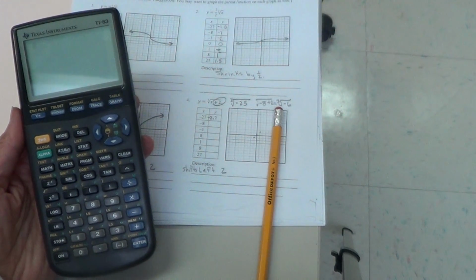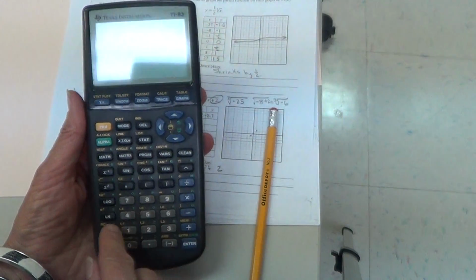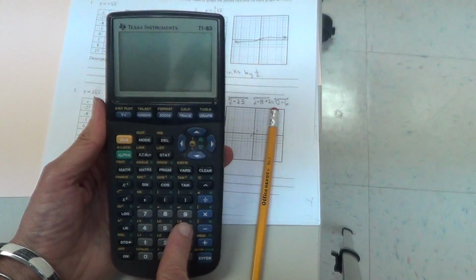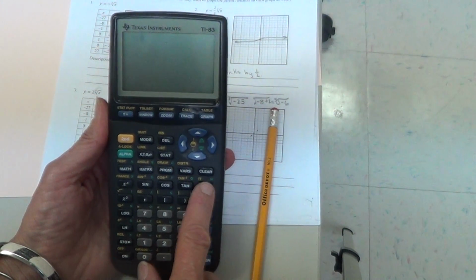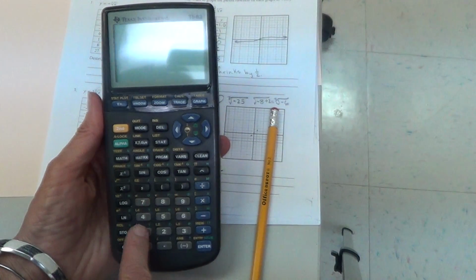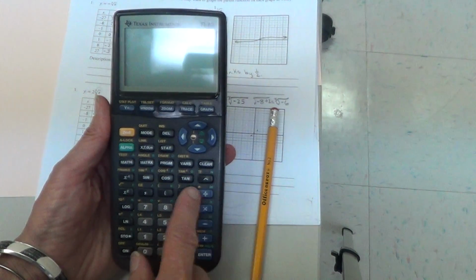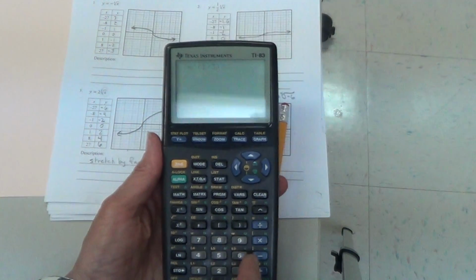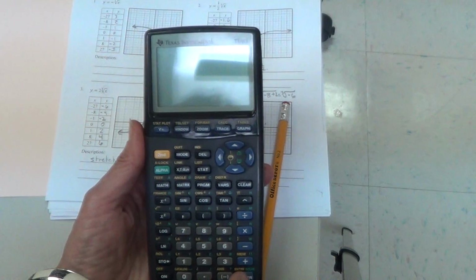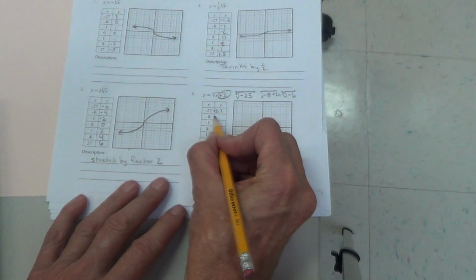Rather than take the cube root, I'll just raise it to the 1/3. That's where I get the 3 from there. So I go -6 raised to the parenthesis 1 divided by 3, parenthesis closed. I hit enter. That tells me that's about a negative 1.8.